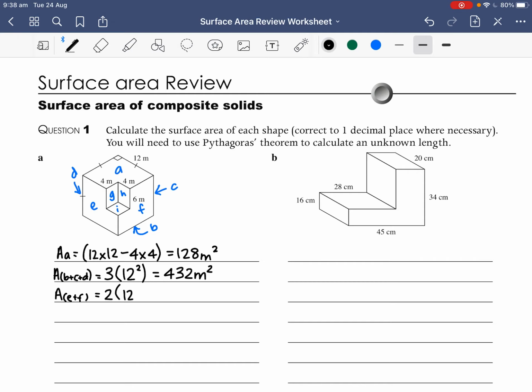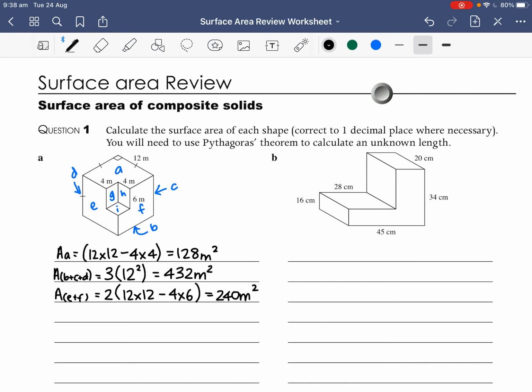So there's 2 of those, and our square is still 12 by 12, minus that rectangle of length 4 by 6. So we'll have 2 lots of 12 times 12 minus 4 times 6, which gets us 240 meters squared for areas E and F together.